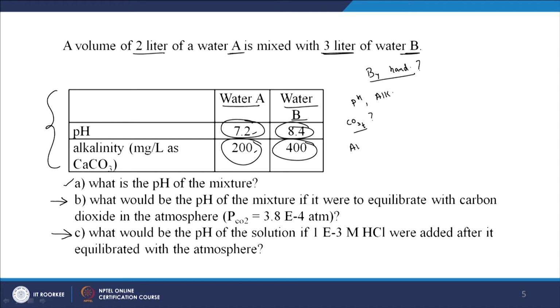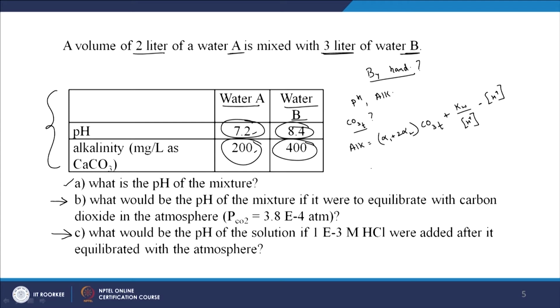Alkalinity is equal to alpha 1 plus 2 times alpha 2, into CO3 total, plus Kw by H plus, which is nothing but OH minus, minus the concentration of H plus.